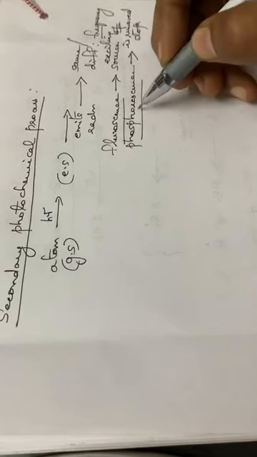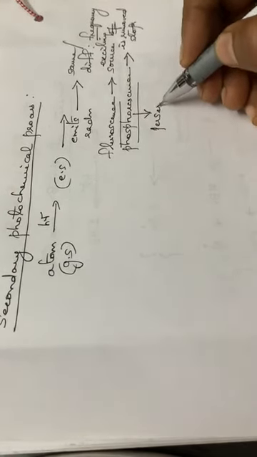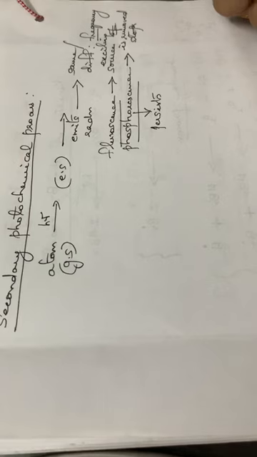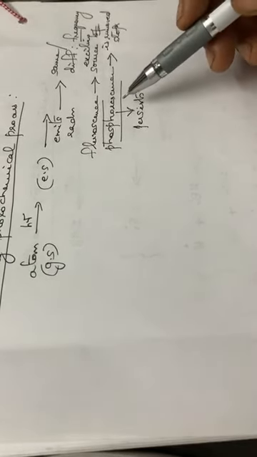But in the case of phosphorescence, the emission will persist for some more period, lasting for some more time. Okay, so that is the difference between fluorescence and phosphorescence.